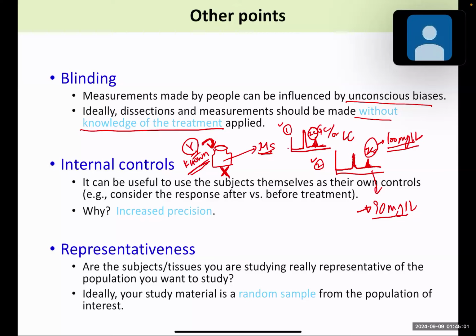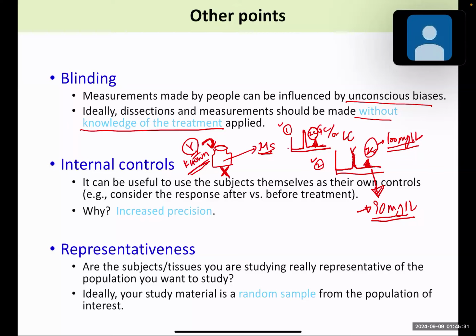And then you analyze the sample, and when you calculate the area, you get 90 milligram per liter of the internal control. And then you can know that the analysis was a little bit inaccurate. So based on this analysis, you can recalculate the concentration of your unknown sample, right? So this is the function of internal controls.